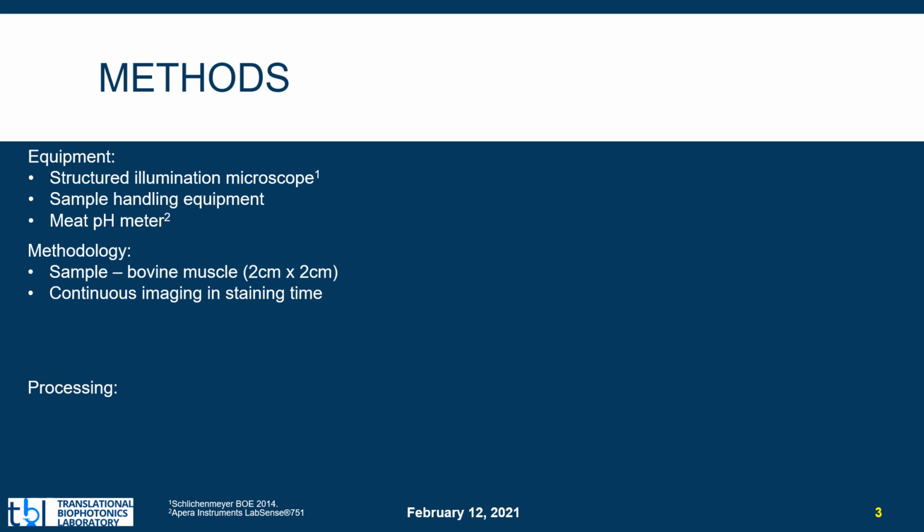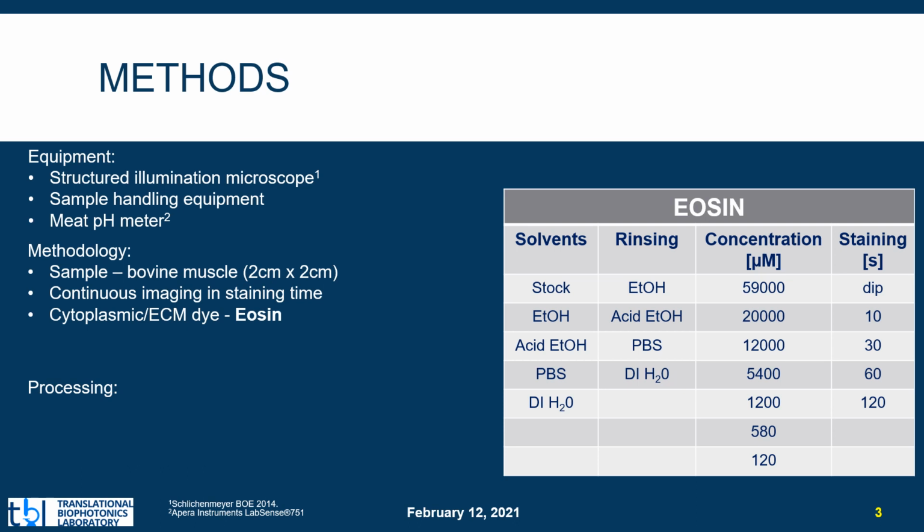For the cytoplasmic ECM dye, we used eosin. We either diluted eosin with ethanol, acid ethanol, PBS, or DI water, or used the stock solution undiluted. For the rinsing, we used the same chemicals as for eosin dilution. Here are the concentrations that we used in micromolars. The highest one represents stock solution, and the lowest concentration represents 1 unit of eosin and 500 units of any solvent.